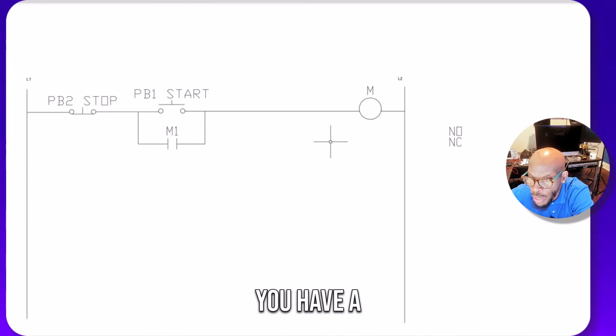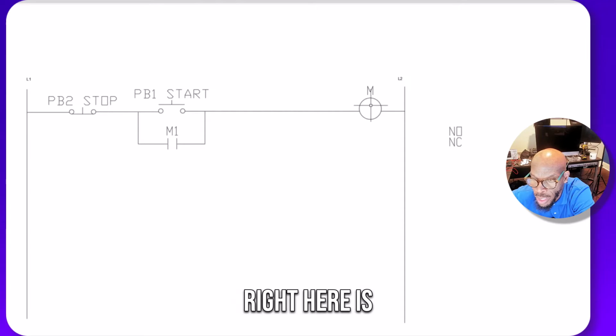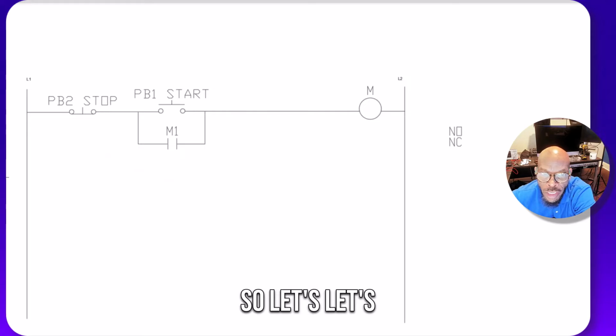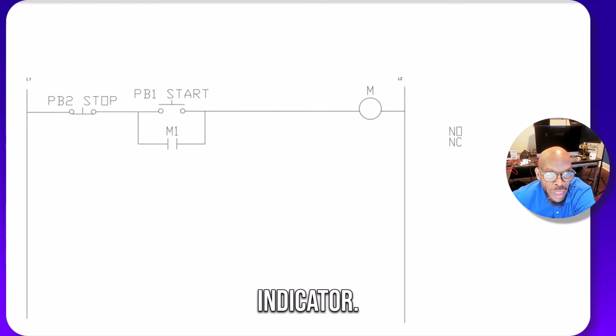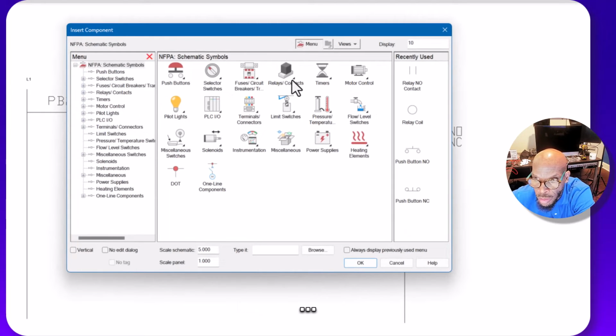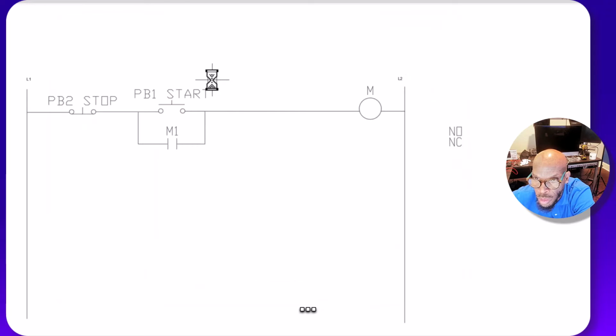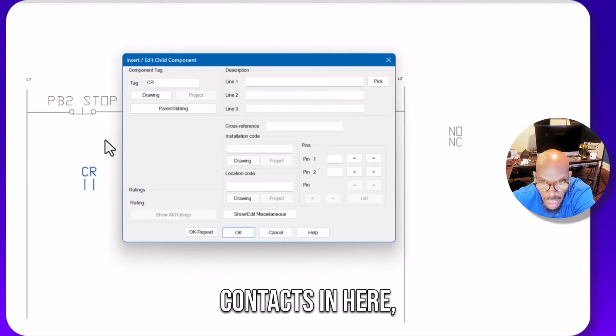Now you have a lot of different other things that can be controlled when this relay coil right here is energized. So let's put in some stuff. Let's say I wanted you to know if the motor was actually running. So you need a green indicator. Let's put in a little light right quick. Let's see how to do that. What we want to do is put this relay in here, with the contacts in here.